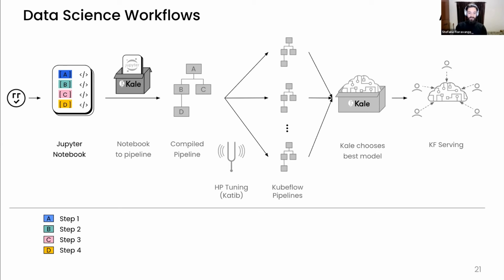You start from a Jupyter notebook, you convert a notebook or plain Python to a compiled pipeline, and then this pipeline gets orchestrated as a hyperparameter tuning job, maybe to find the best combination of parameters that train the best performing model.